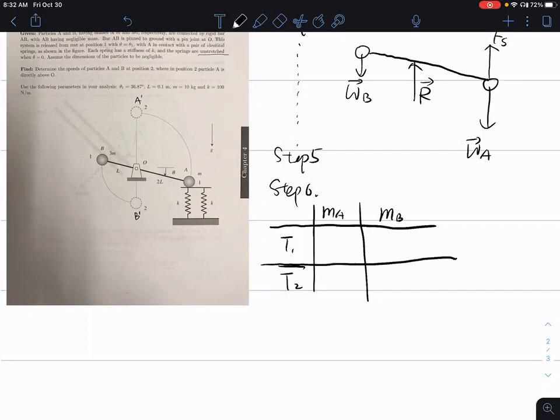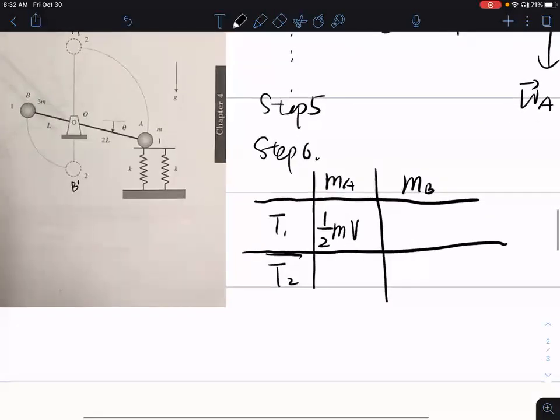So at position 1, both 1/2 mv squared terms are zero. Once again, we have 2 particles, and they don't share the same speed, so make sure you differentiate them. For particle A, we have 1/2 MA VA1 squared, which equals 0. For particle B, we have 1/2 MB VB1 squared, which equals 0 too.